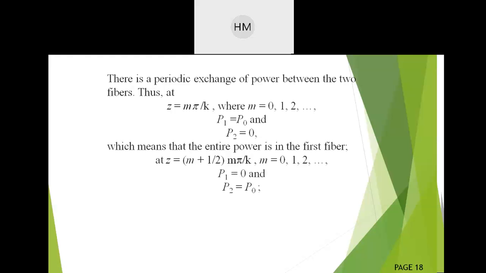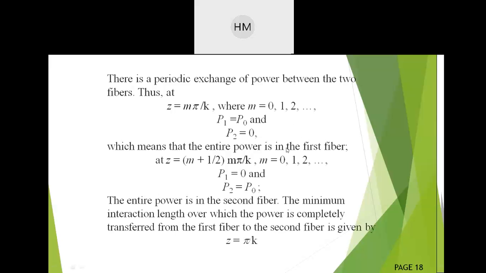And here what will happen, P1 equals to 0 and P2 is equal to P0. यहाँ पे तुम्हारा पावर पूरा फर्स्ट फाइबर में था. Now what will happen at the second cycle, the power is shifted to fiber 2. Output power is lost to fiber 2. The entire power is in the second fiber.